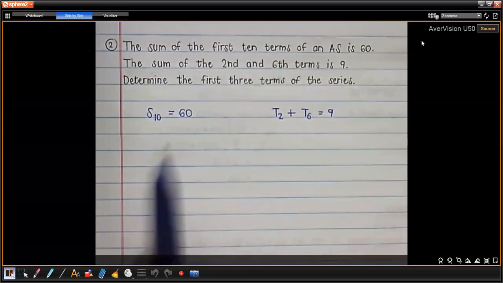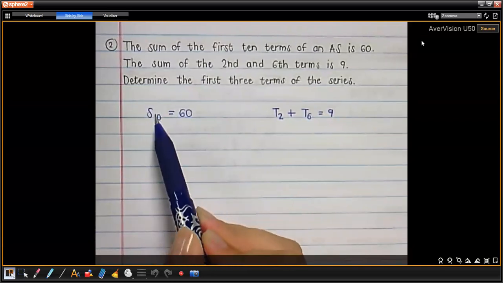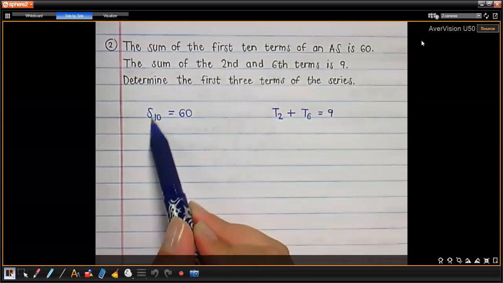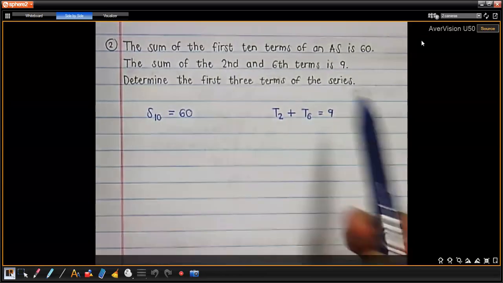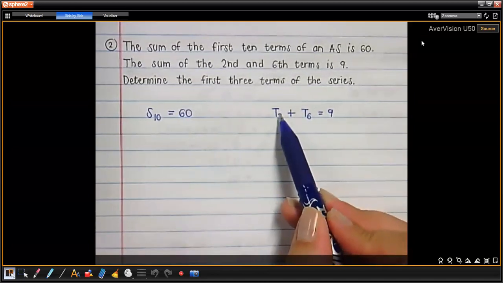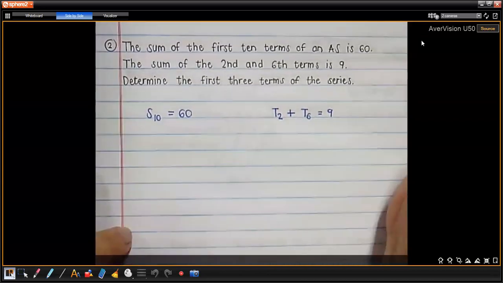So now we're going to use the sum formula to express this in terms of a and d, because we know what n is. n is 10. Is that clear to everyone? Then we're going to use the term formula twice. So how can I write term 2? That's going to be a plus 1d. Let me write the two formulas here.